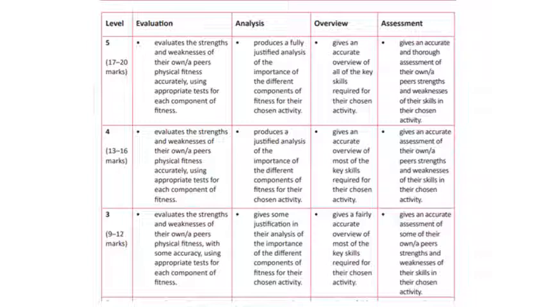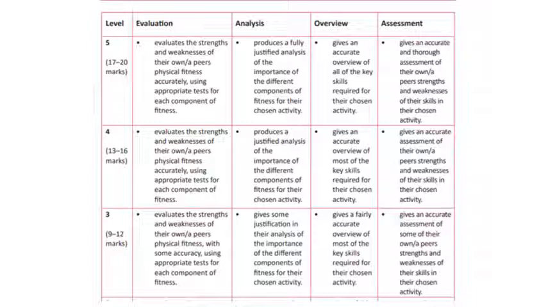There's an evaluation one. And that evaluates the strengths and weaknesses of their own or peers' physical fitness using appropriate tests, for each component of fitness. Okay, produce a fully justified analysis of the importance of the different components of fitness in their chosen activity.